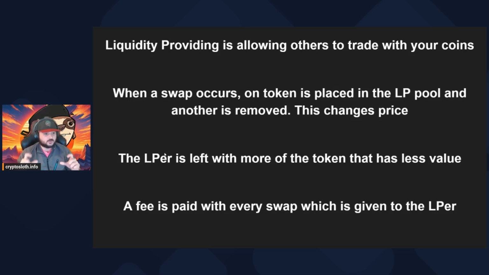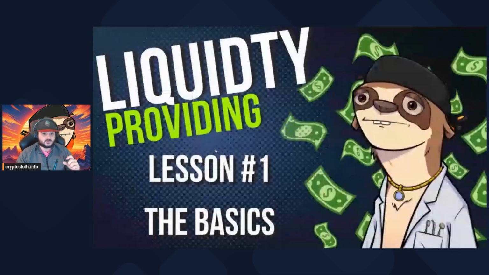And this is where the lucrative part of liquidity providing comes into place. You are, in a sense, trying to make money by providing your coins to the market to trade with, and you are earning the fees associated with those swaps. So a fee is paid with every swap which is given to the liquidity provider.